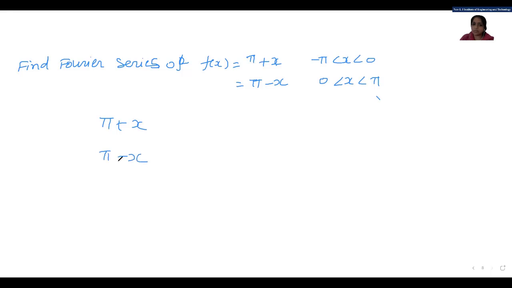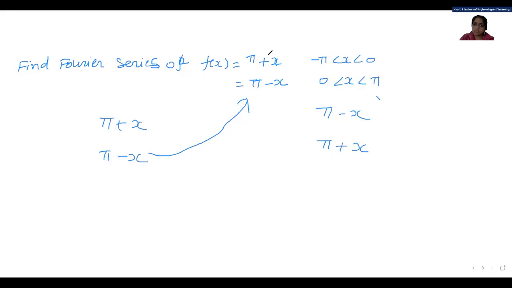You will get pi minus x. This is your lower function. And in the lower function, if you replace x by minus x, then you will get pi plus x, that is your first function. So the given function is an even function.